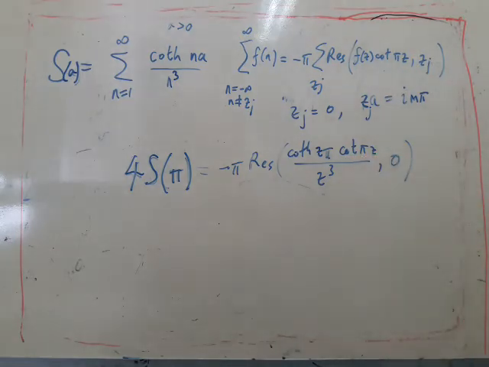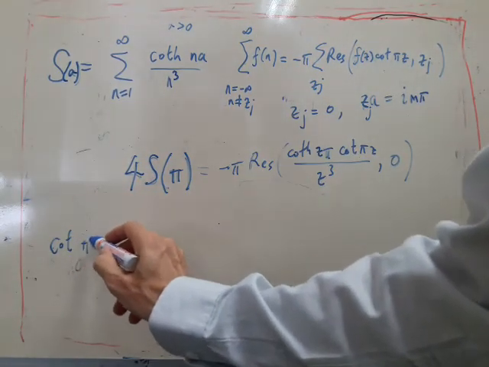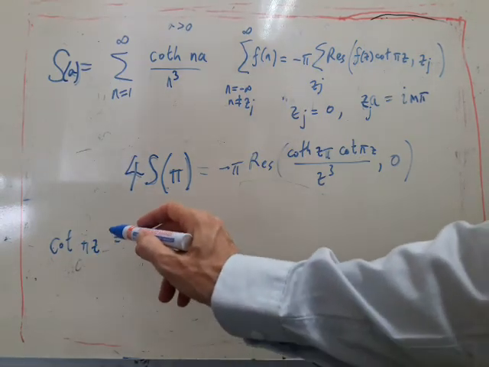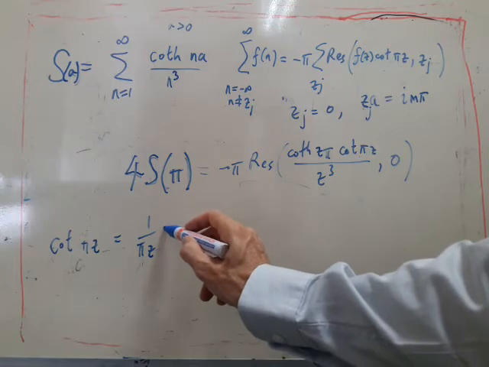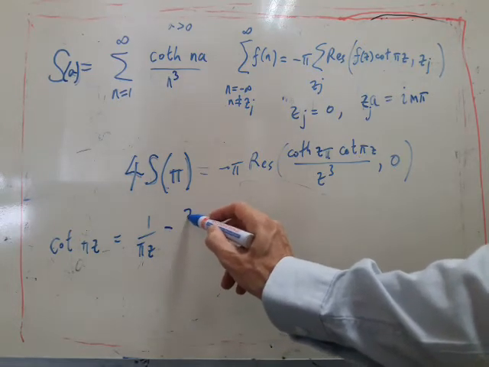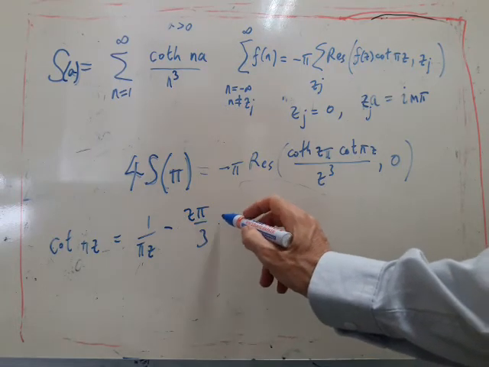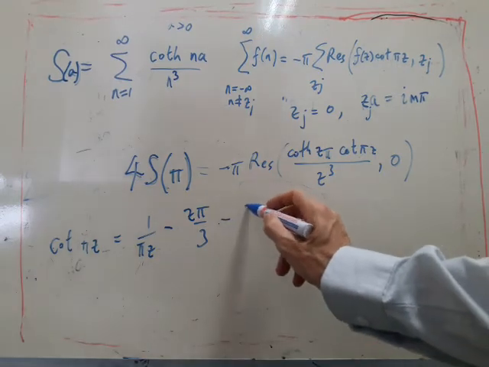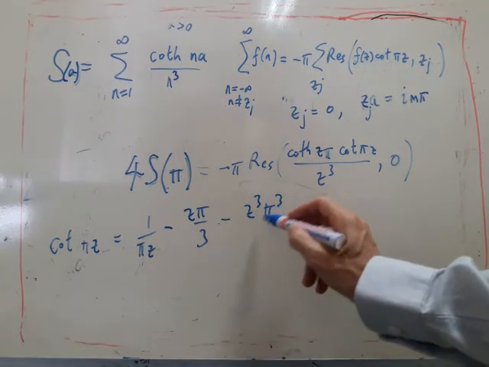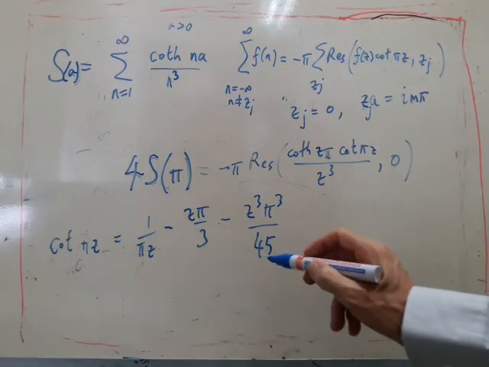Now we have the series for cot. So cot of pi z is equal to 1 over pi z minus z cubed pi cubed over 45.